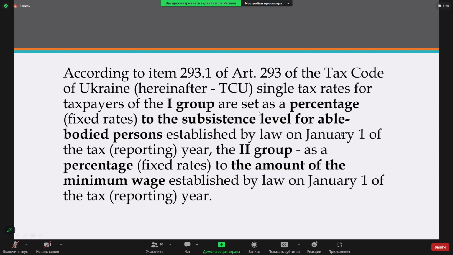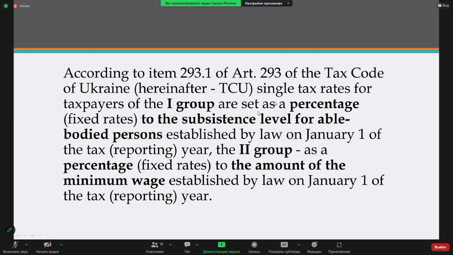And the single tax rates for taxpayers of different groups are the following. For the first group, the single tax rates are set as a percentage of the subsistence level for able-bodied persons established by law on the 1st January of the current year. And the same for the second group, it's from the minimum wage.